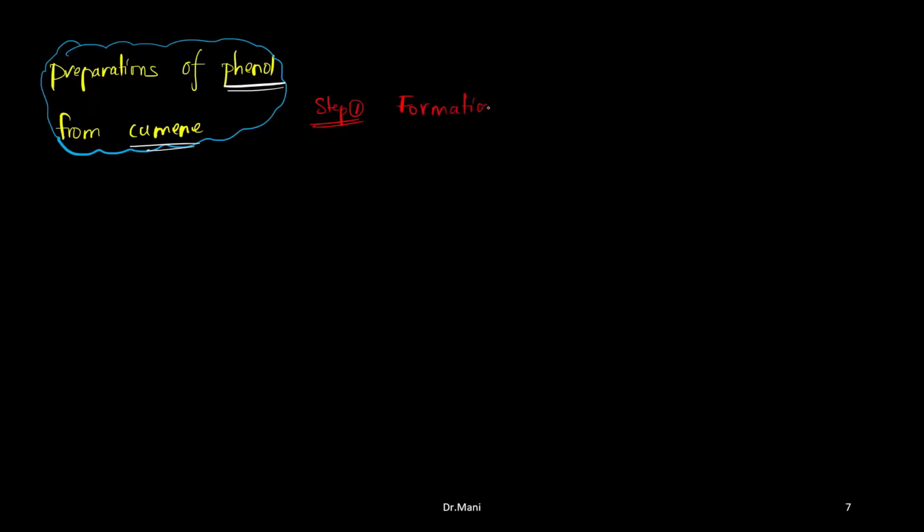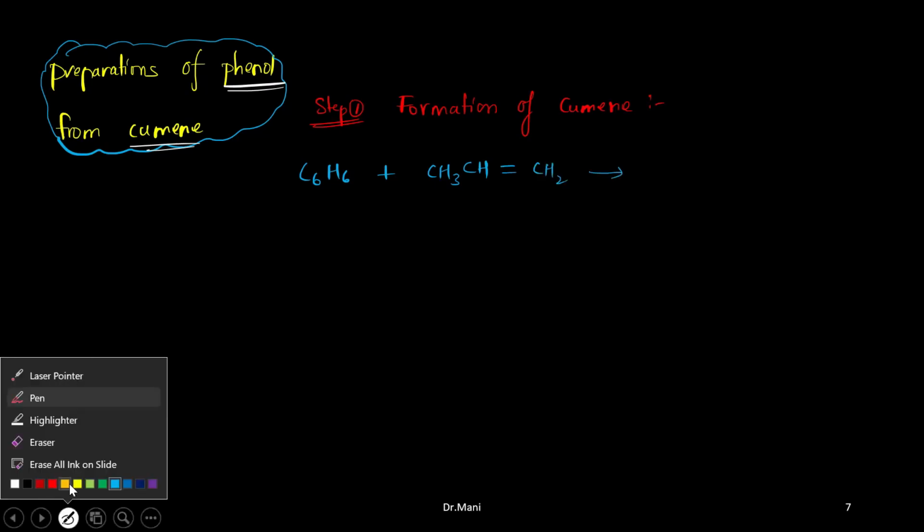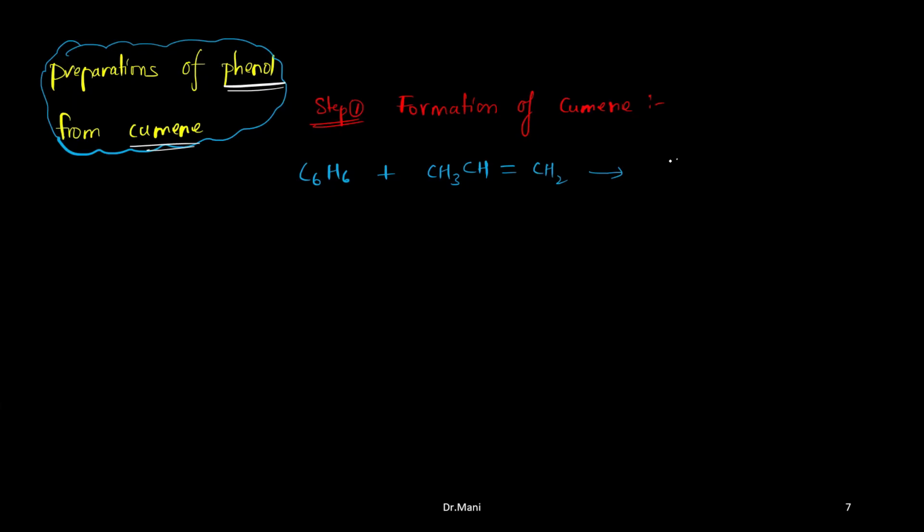So tell me, what is cumene? C6H6 plus CH3CH=CH2 gives C6H5CH(CH3)2. C6H6 is called? Benzene.